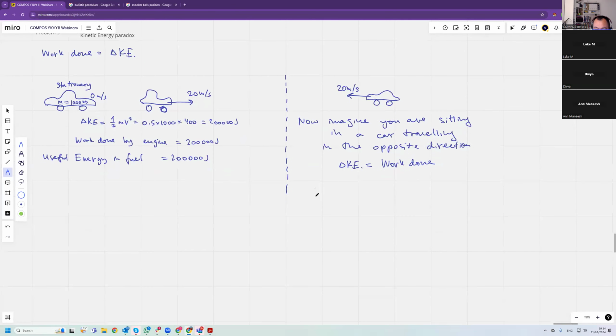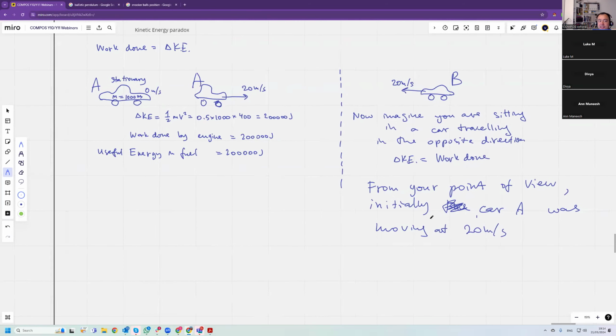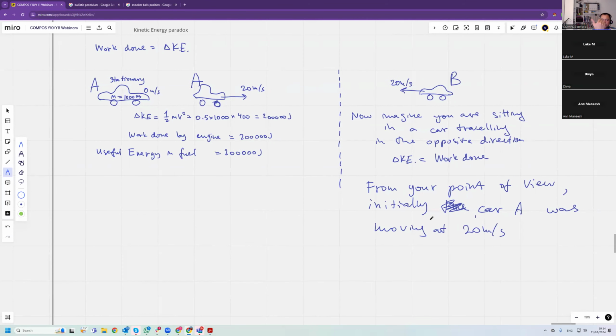Now, from your point of view, initially, the car, let's call it car A, and this is car B. Initially, car A was moving at 20 meters per second. So it wasn't stationary because you were moving, so the other car was moving towards you, right? If you are in your reference frame, you are stationary in the car and the other car is moving towards you, right?